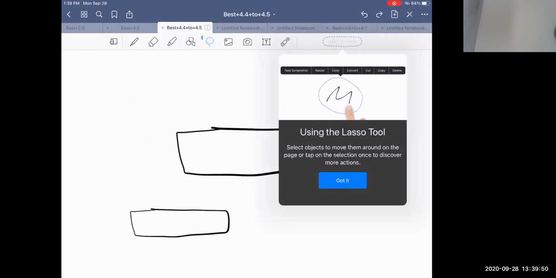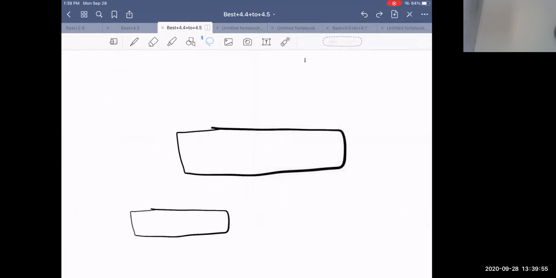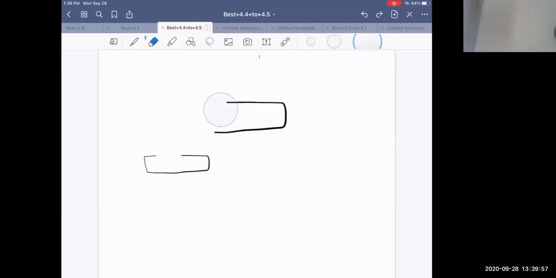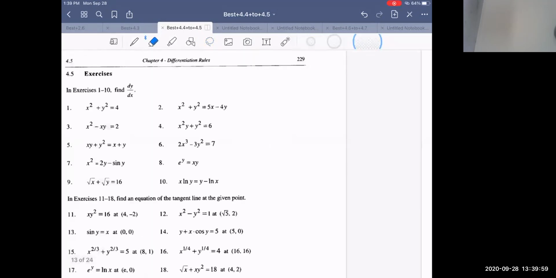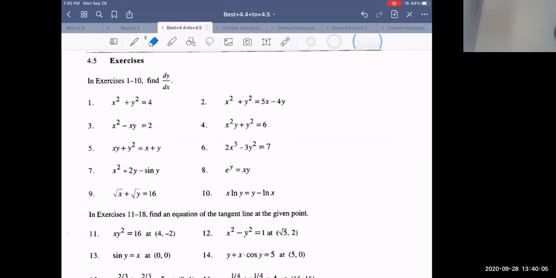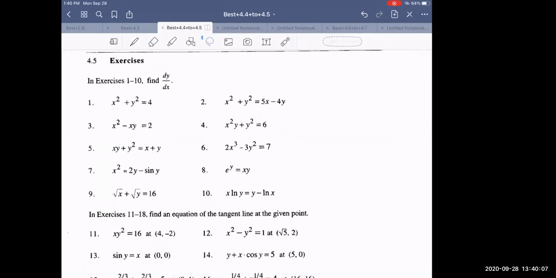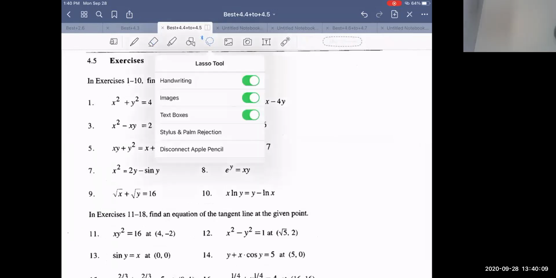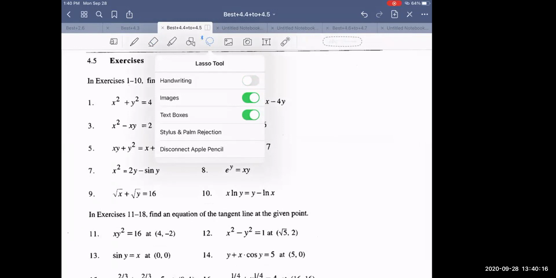Okay. Using the lasso tool, move them around. Yeah, I thought I had that. I think it's lassoing the stuff that you've drawn, not the actual document itself. Yeah, that's what I think too. And I don't know, it worked fine last week. Handwriting, images, boxes. Maybe if I turn off the hand, I don't think you're allowed to modify the document itself.